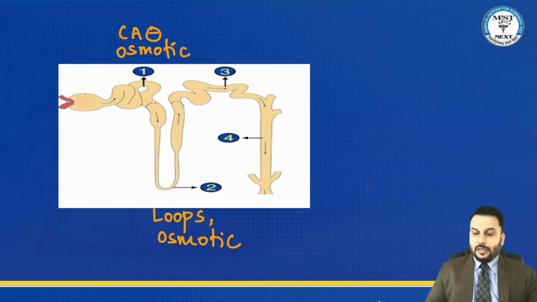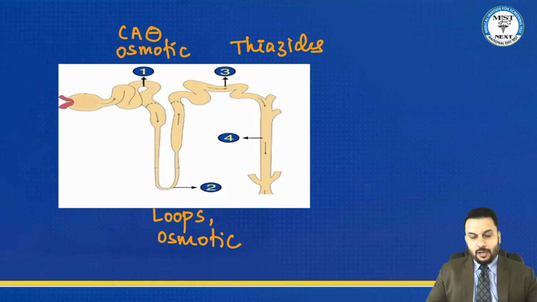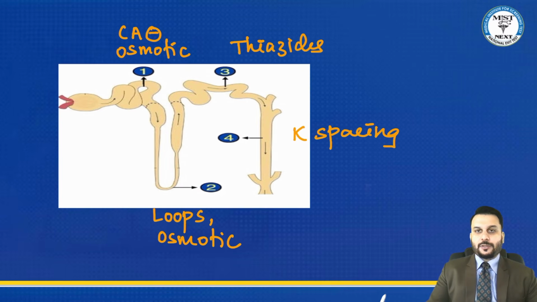Next, part number 3 is the DCT, the distal convoluted tubule. This is where the class of diuretics called thiazides will work. And last and final, the fourth place is the collecting duct. This is where we have the medicines called potassium sparing diuretics. If you pay attention, sparing means saving.